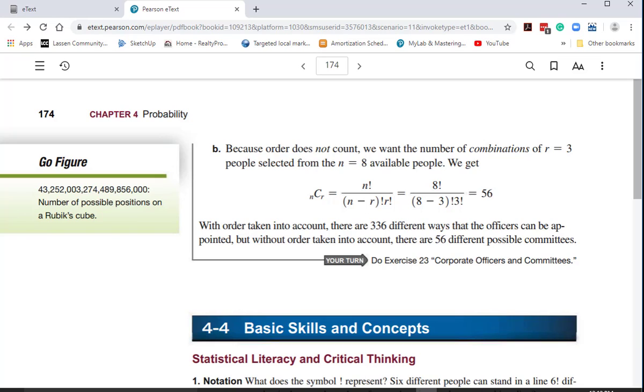If the positions are all for one, like electrician, right? There's no difference. We're hiring 3 electricians. When you take the guy Bat and put him here, and Bob and Bill, it's the same.